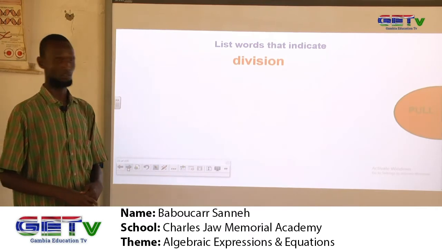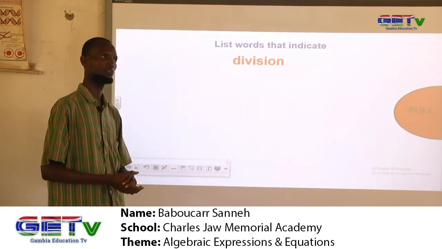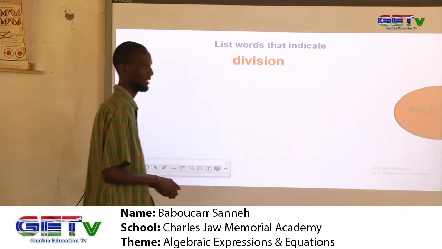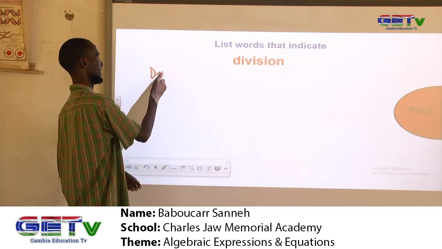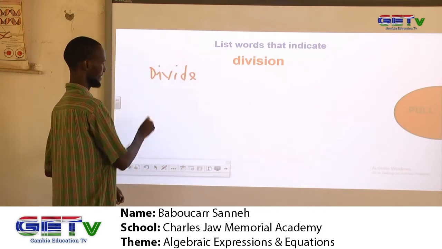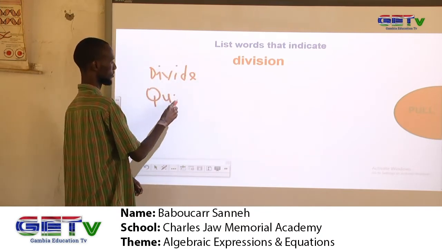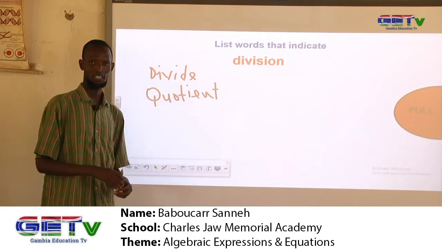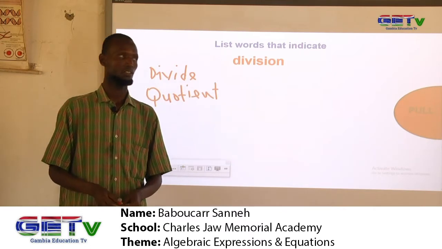Now on to division. Now what are the words that you can think of when it comes to division? You could say divide. It's easy. We see quotient. Quotient is division.